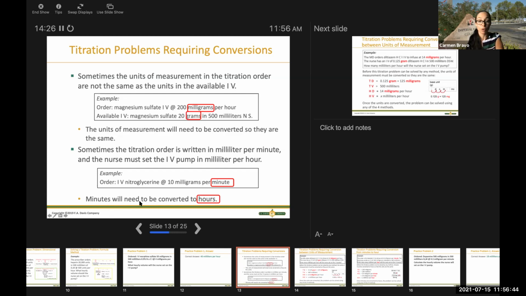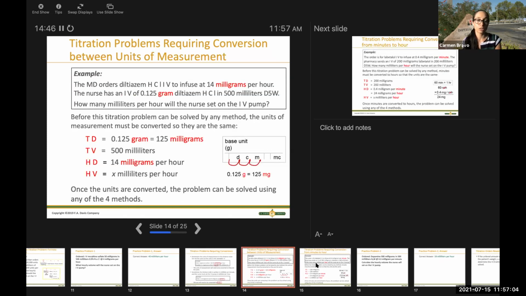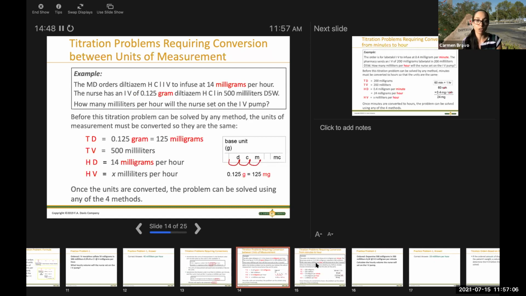So we have to convert. If we have a supply that we have to put in a pump, we have to set it up per hour. So we have to add a conversion to that, as we did earlier. This is how you would work out a problem that needs titration.